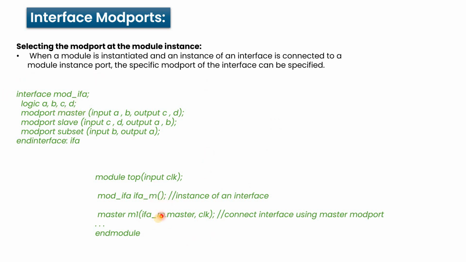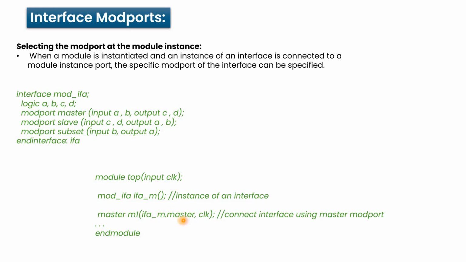From this interface instance we connect the ports of our child to the mode port master, right? So this is how we can use the mode port in the instantiation of a child module.